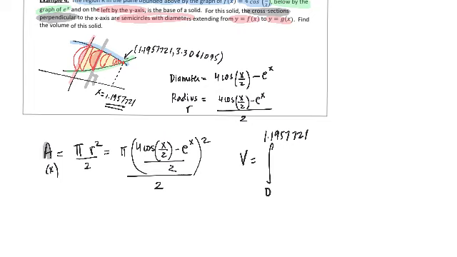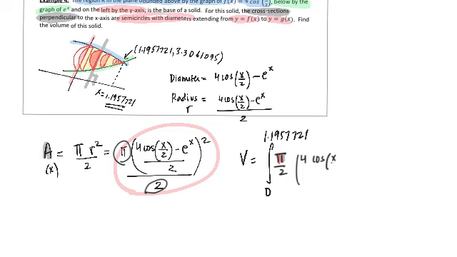Because depending on where you are, the semicircle is bigger or smaller. This whole thing is our a of x, so that goes in here. So I'll write it like this, pi over 2, and then that whole equation like this squared, right? And don't forget to square this 2 on the bottom as well.